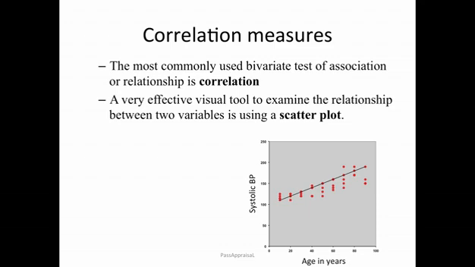In this plot, each subject is represented by a dot, and the two observed values in each subject, one corresponding to age and the other corresponding to blood pressure, are shown as X and Y readings. A line that best fits the scattered dots is also drawn here. Now the slope of this line gives the correlation coefficient.